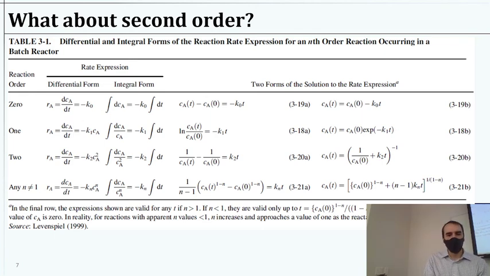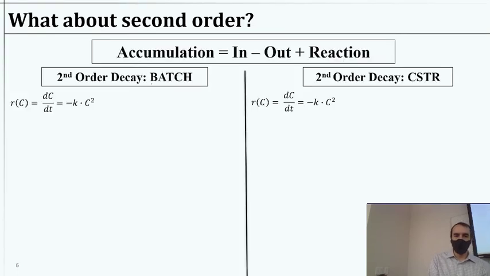And for first order, dc dt equals minus kc. So when we integrate that, natural log of c over c naught equals minus kt. Now when we do a second order, that's where we have c squared. So if we were to do a second order batch decay reaction, we have dc dt equals minus kc squared.